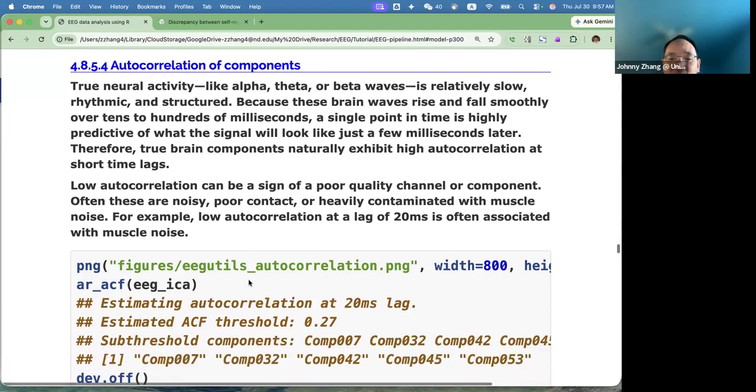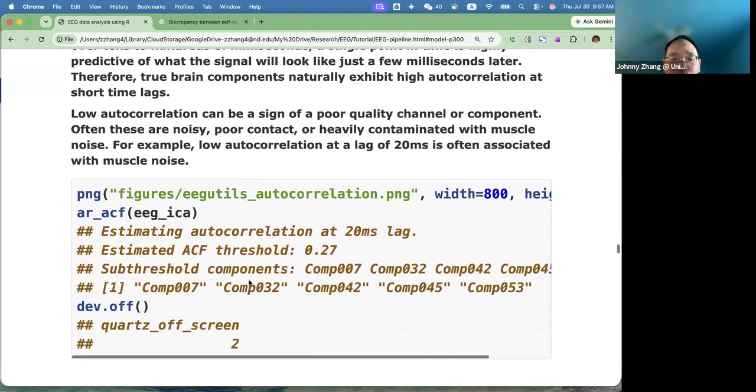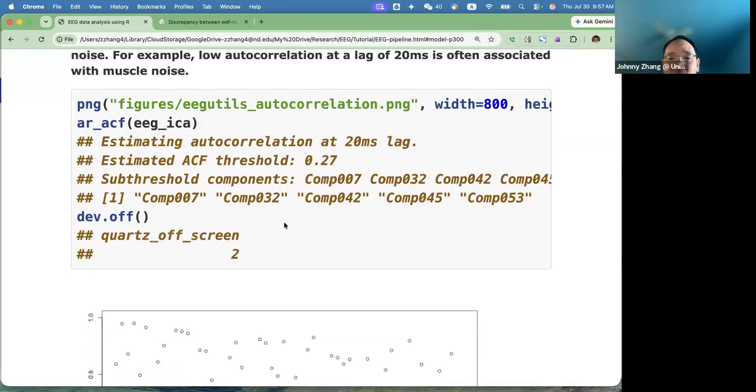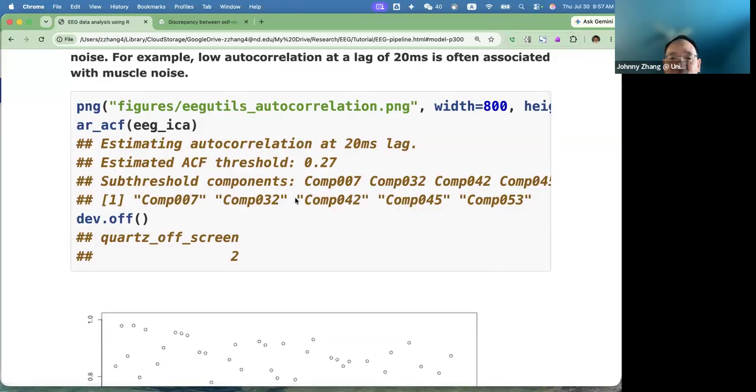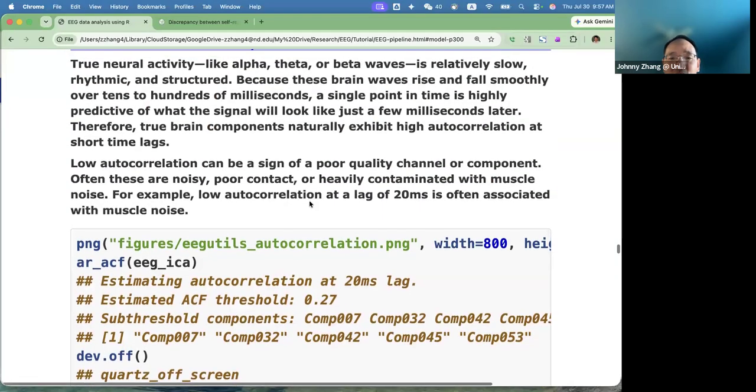If the signals change very rapidly with small autocorrelation, it usually means there's something like artifacts there. So oftentimes we look at whether the autocorrelation is low at a lag of 20 milliseconds.